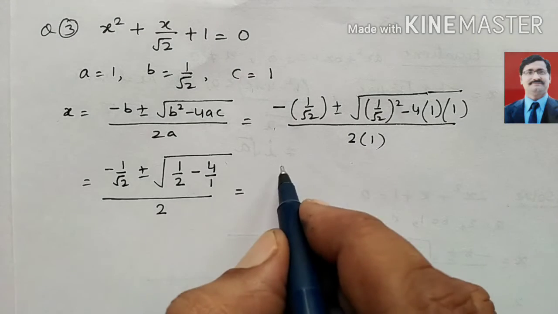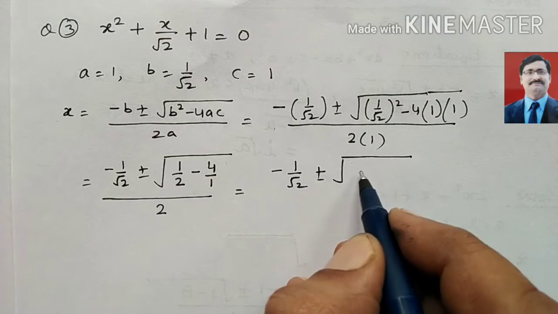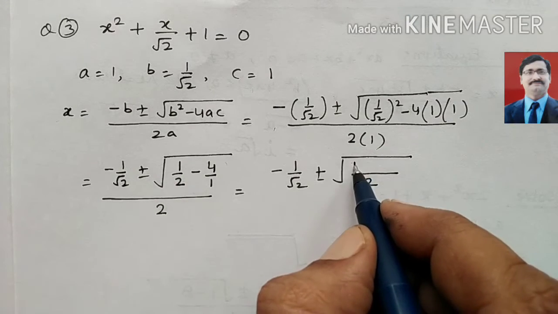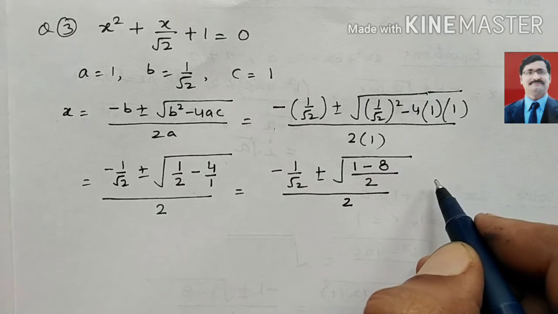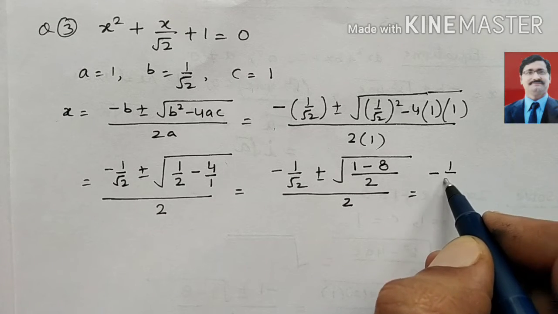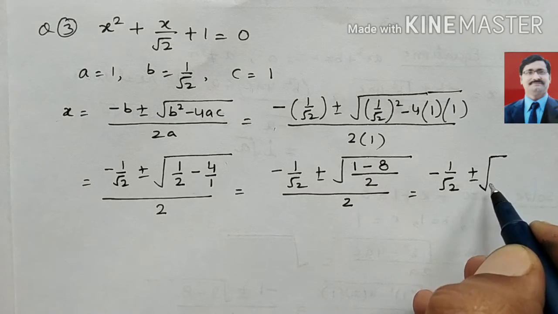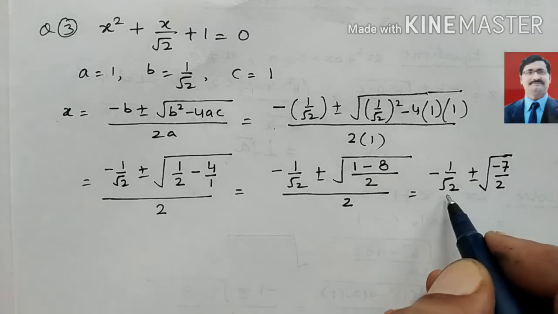This you will take LCM, so minus 1 upon root 2 plus minus, you take LCM is here 2, and you get here 1 minus 8, and whole upon 2. This you can write here minus 1 upon root 2 plus minus, you can write here minus 7 upon 2, and whole upon 2.